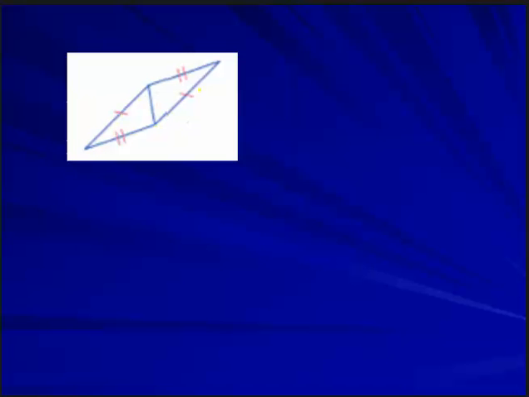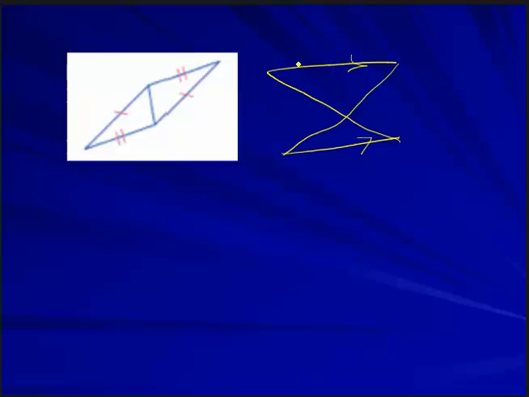Okay, what about this picture? We don't have any angles marked. So we have to ask ourselves, is there any way to say that any of these angles are congruent to each other? For example, what if I had something like this, where I had parallel lines being cut by transversals?